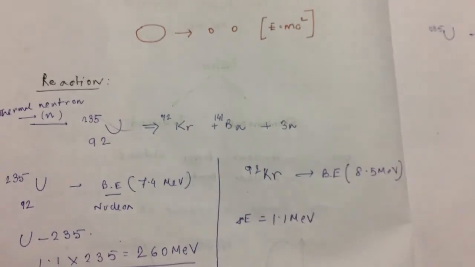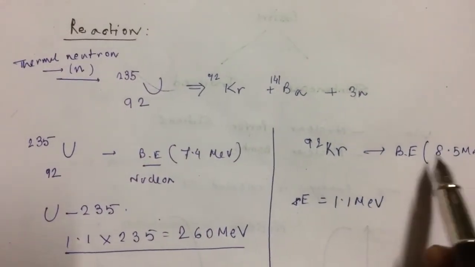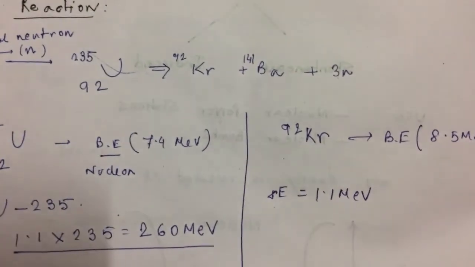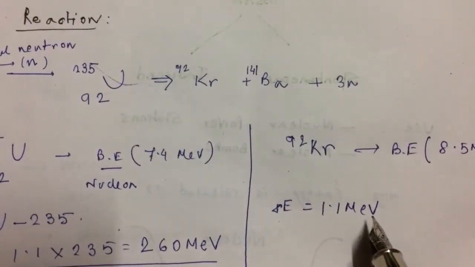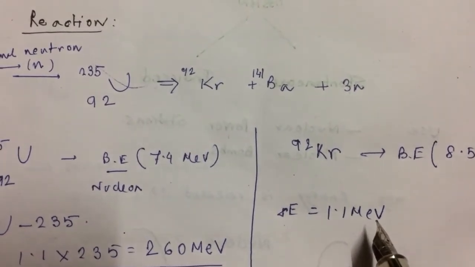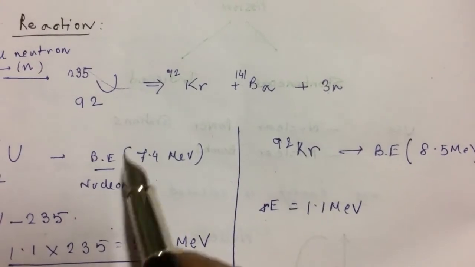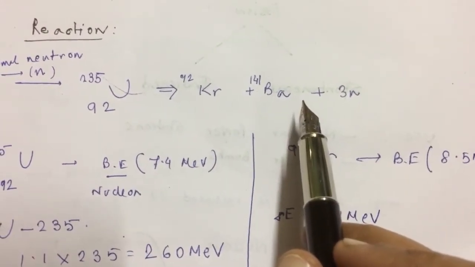So here the binding energy difference is 8.5 minus 7.4 million electron volt, which means it's a 1.1 million electron volt energy difference for this one particular nucleon.